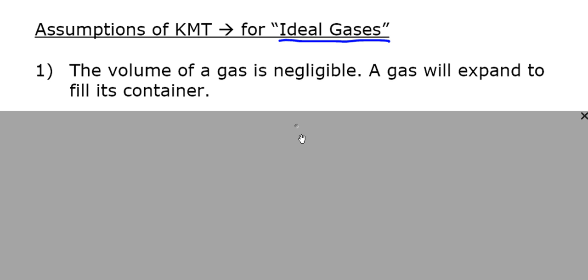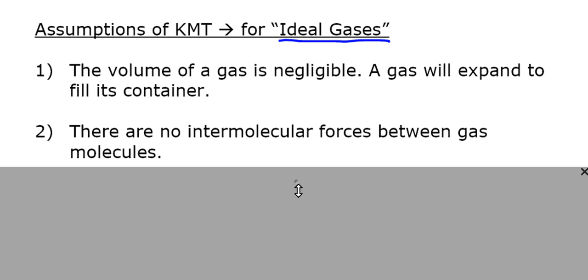So if you wanted the exact volume of gas in that flask, you would take 100 milliliters and subtract the volume of the molecules. But molecules are really tiny, and the amount of space and volume they occupy is very, very small. So we can basically ignore that or say that it's negligible. It's going to be pretty close to the volume of that container, or in our example, 100 milliliters.